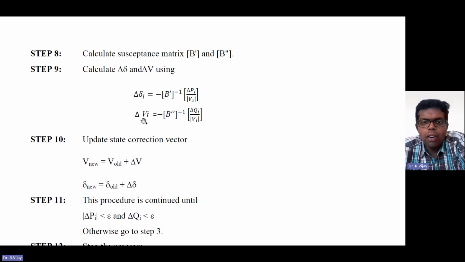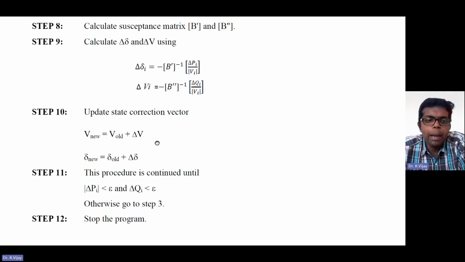Next, what is the formula for calculating del VI? That is change in the voltage, which is nothing but minus B double dash, the whole inverse, into del QI divided by VI. This is the formula for calculating del delta and del V, that is change in the phase angle as well as change in the voltage.